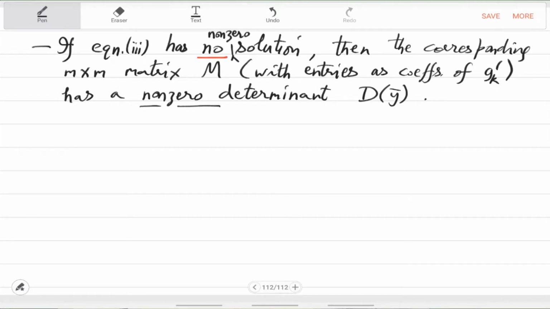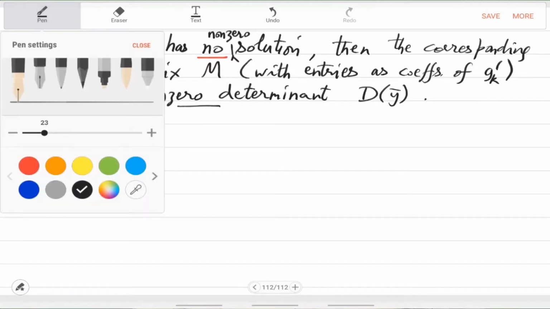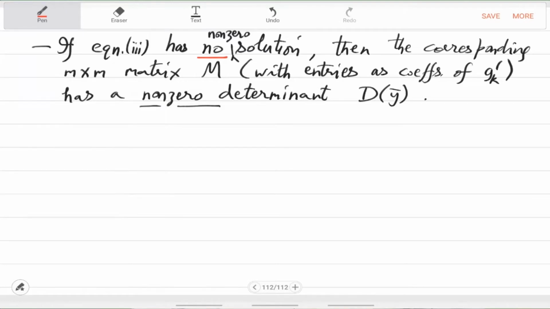So if you compute its determinant, the matrix M has coefficients of gk prime, and those are all polynomials in y bar. So the determinant is also a polynomial in y bar, and that is non-zero.